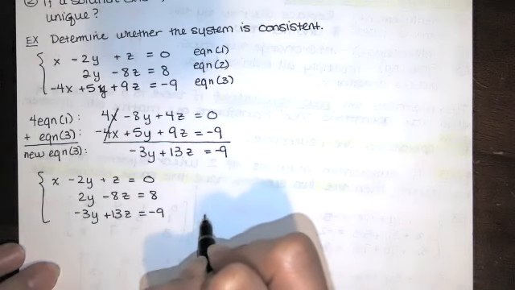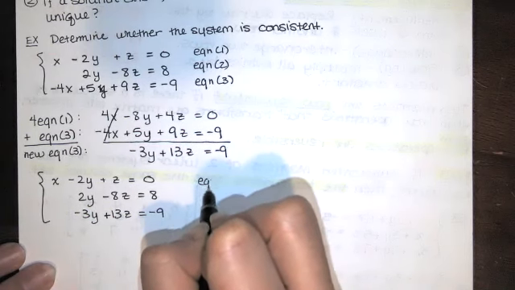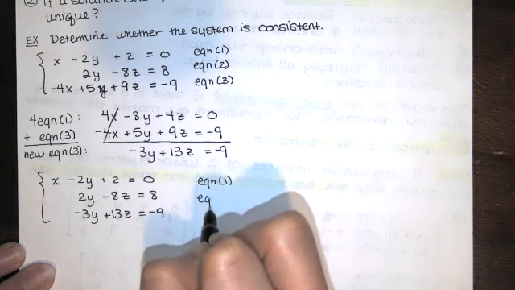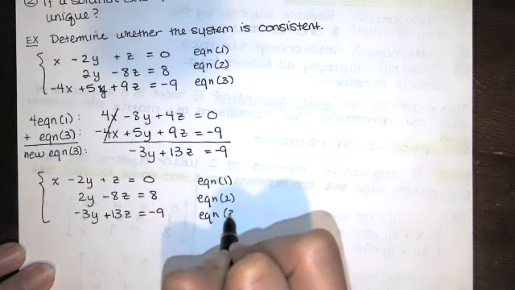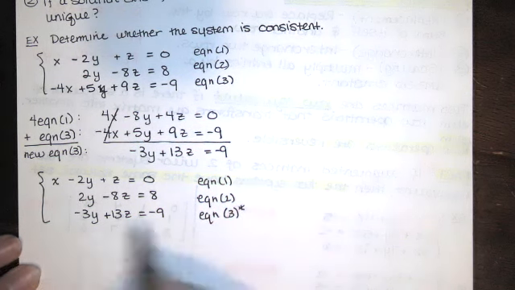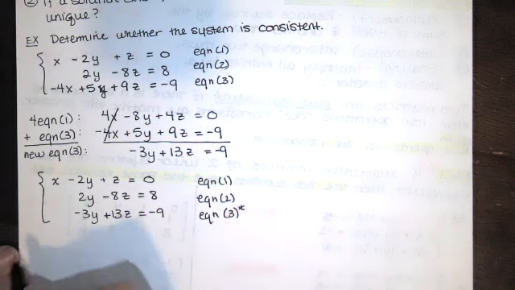So we could take the new equation 3. Equation 1 and equation 2 have been left alone. So this is our new equation 3, call it equation 3 star. I could take that and multiply it by negative 1.